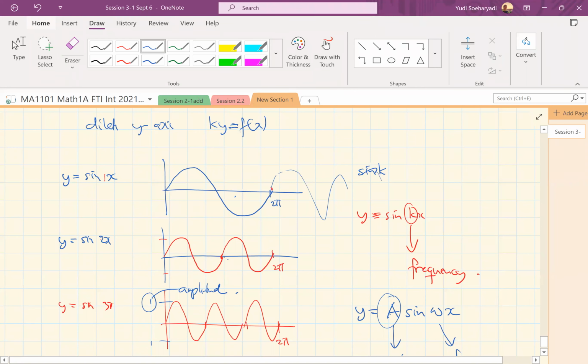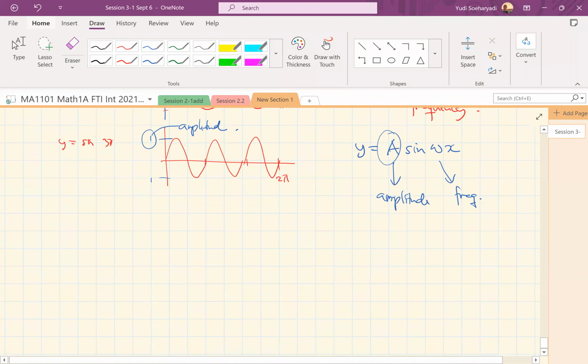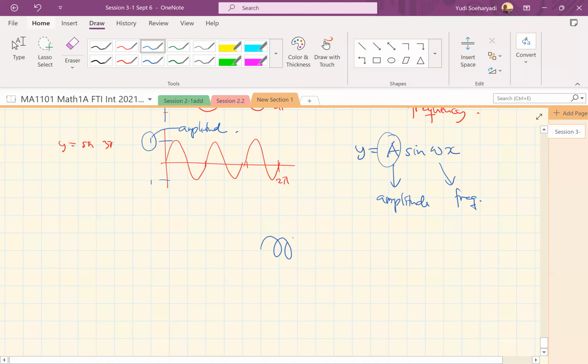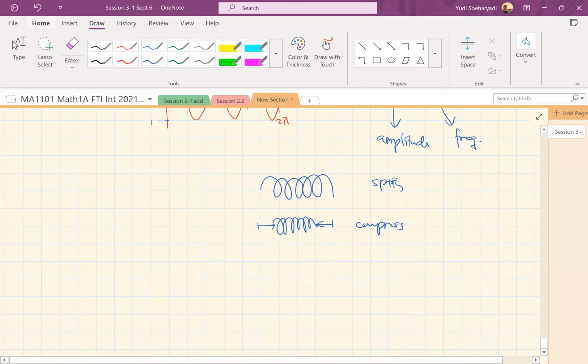Well, sort of you compress. Think about you're holding, say, a spring like this, compressed, or stretch. When you compress this one, right?